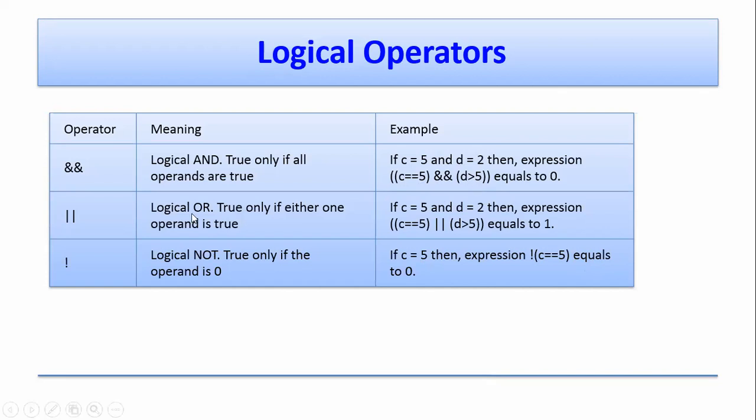If it is the OR logical operator, at least one input is true, then the output is true. If both are false, then the output is false. The NOT operator is the complement of the expression. Complement means if it is true, the complement is false. If it is false, the complement is true, right?